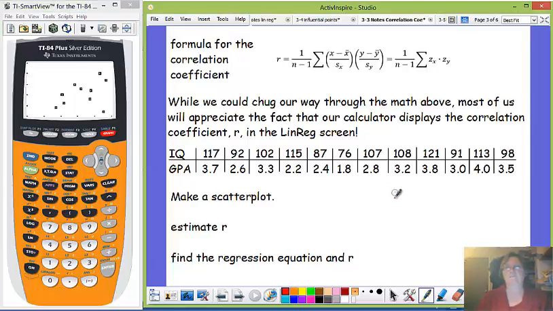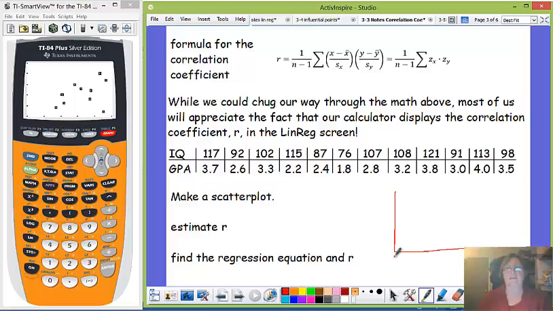In general, I think that you could say, as IQ increases, there's a positive trend. GPA goes up, but that certainly is not a strong correlation at all.